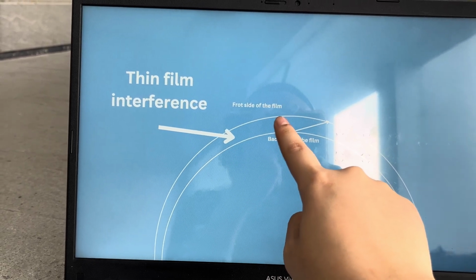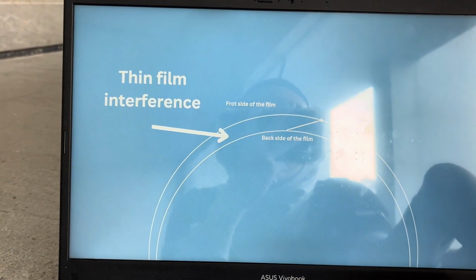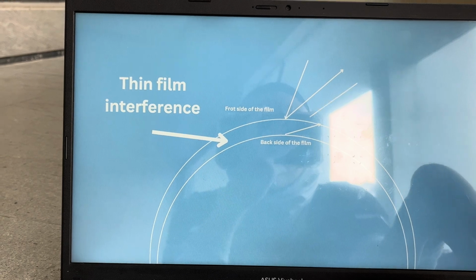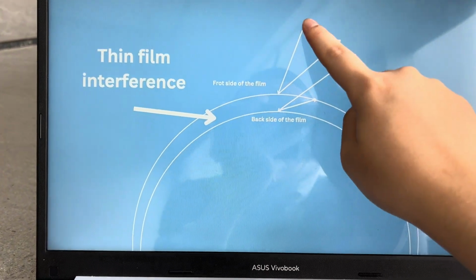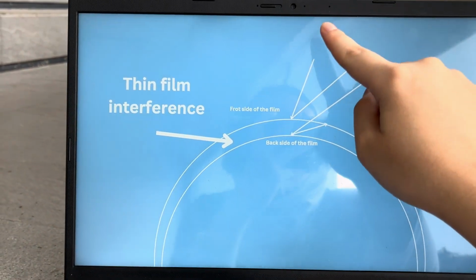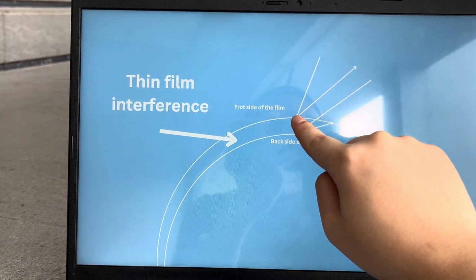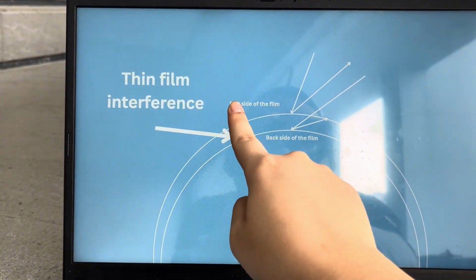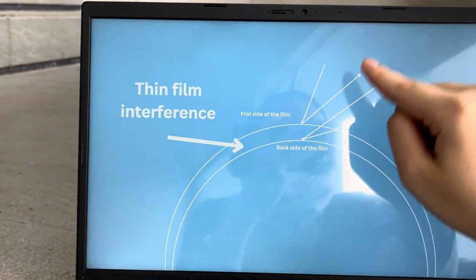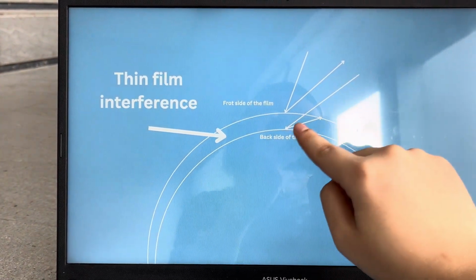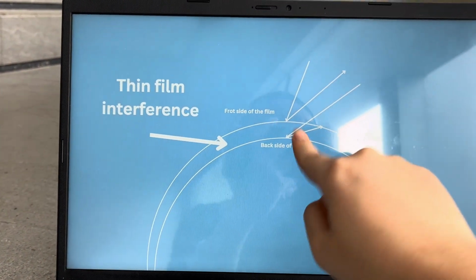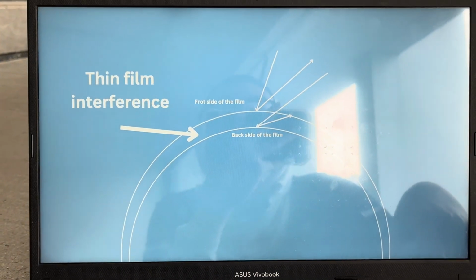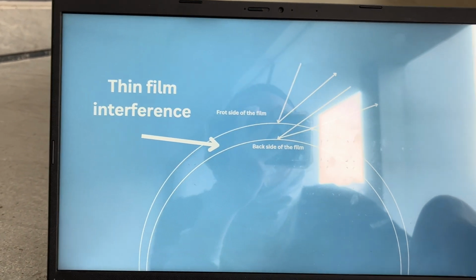And this is the outer side of the film. So this line over here is the light that bounces once and is reflected by the film when it reaches the front side of the film, and this is the light that bounces off when it reaches the back side of the film. And how does this cause interference? Let's go to the next slide.